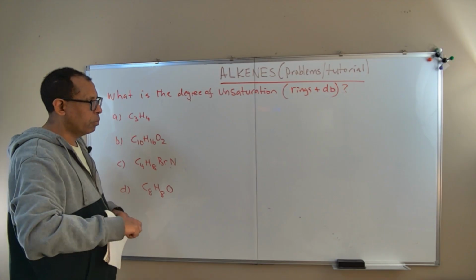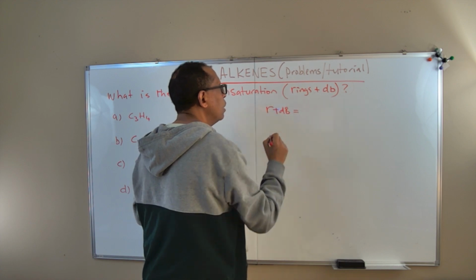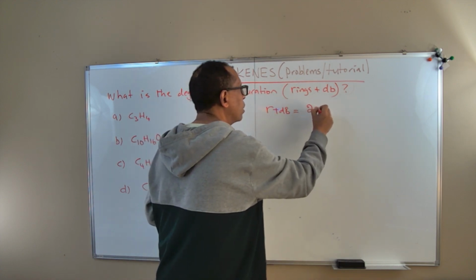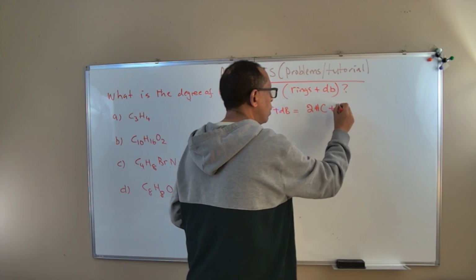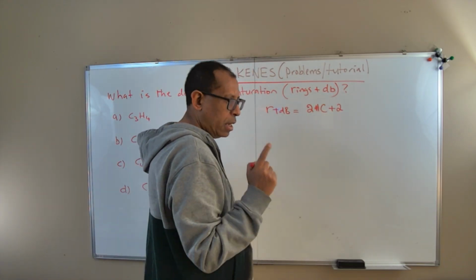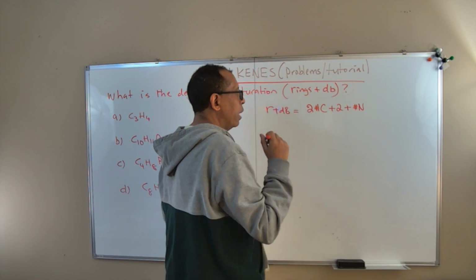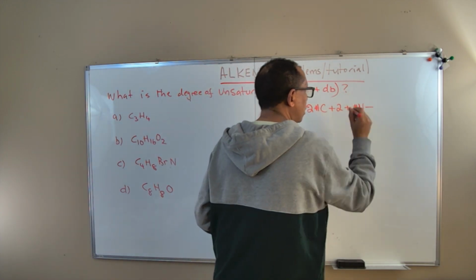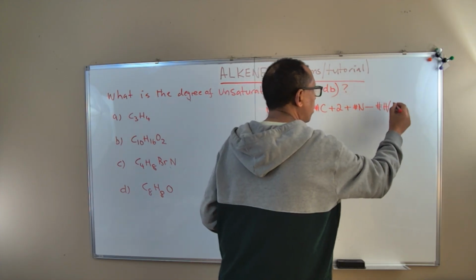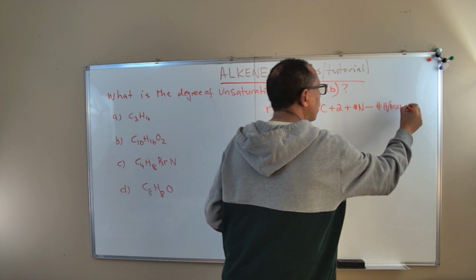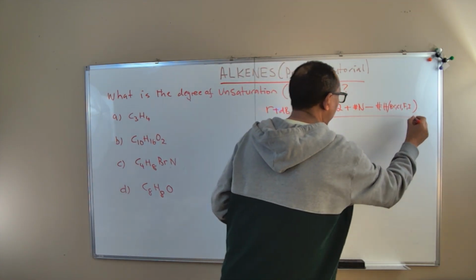Let me put the formula first. The formula for rings plus double bonds is 2 times the number of carbons in the molecule, plus 2, plus the number of nitrogens, and then minus the number of hydrogens or halogens, that means bromine, chlorine, fluorine, iodine, etc. Now you divide that by 2.